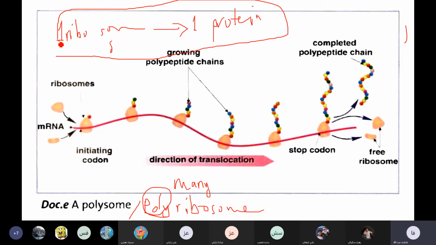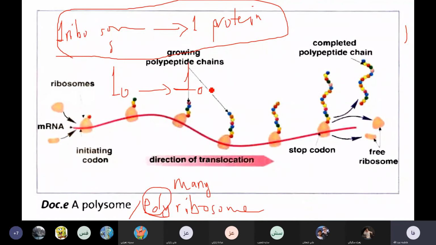If I have 10 ribosomes moving along the same messenger RNA, how many proteins will I obtain? Okay, how many proteins do you think? If I have 10 ribosomes, then I will obtain 10 proteins.